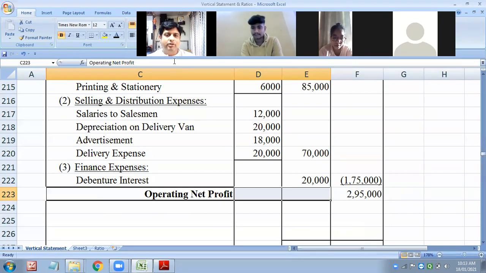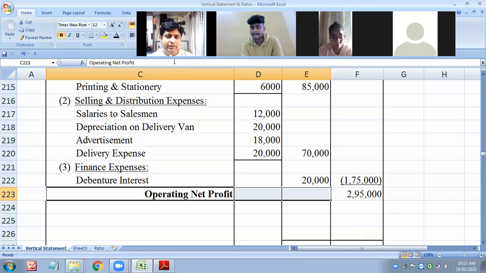Can you also explain what non-operating expenses are, at least one or two in your view, which are not directly related to business activity? Like loss on selling a van, loss on selling an asset. Yes, loss on selling an asset. Absolutely right, dear, because that is not my regular business.